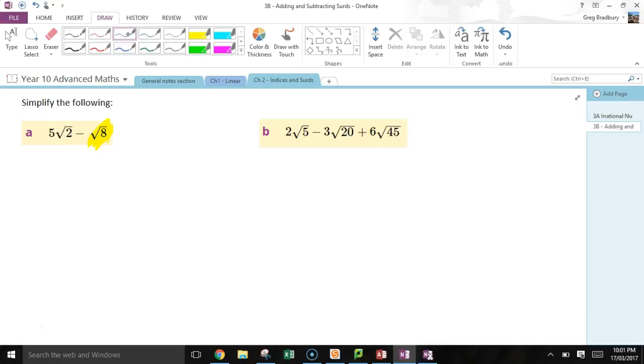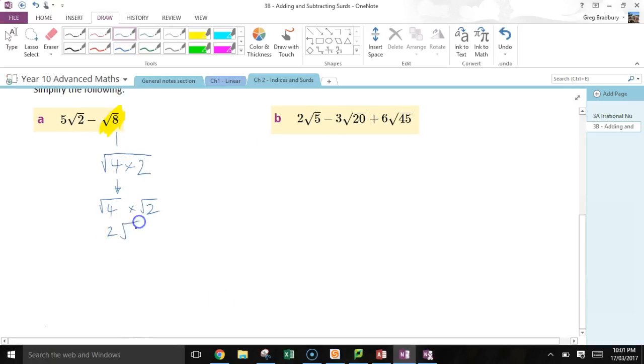So root 8, as you know, 8 can be divided into 4 and 2, and 4 just happens to be a square number. I'm going to do all these steps to start with, as we were doing in the last one. The square root of 4 times 2 can be broken down to the square root of 4 times the square root of 2. The square root of 4 is 2, and we still have that root 2, which can't be simplified. So that's another way of writing root 8.